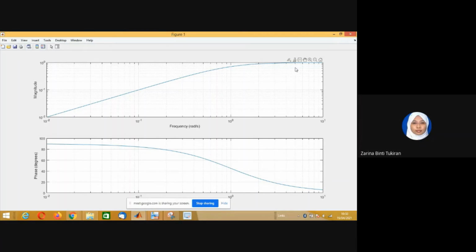The circuit is a high pass filter, and the cutoff for negative 3 dB is from here. Negative 3 dB is 0.7. So the cutoff is here, which is 1 radian per second. For the phase response, at 1 radian per second of frequency, you get the value of almost 45 degrees.